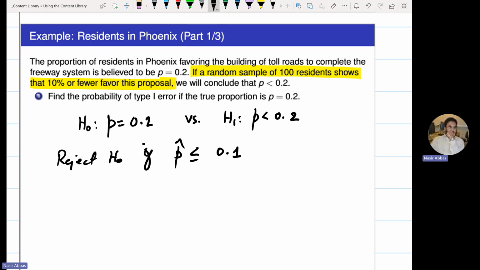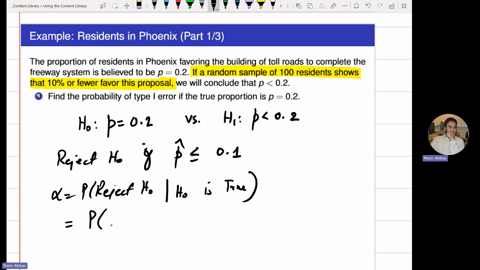What are they asking us to find? Find the probability of type 1 error, alpha, which is the probability of rejecting H0 given H0 is true. When will you reject H0? And under H0, what is the value of P? How do we solve any question about P hat?